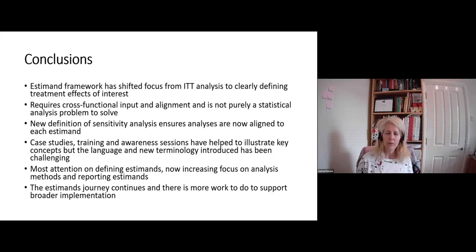So whatever tactics and strategies you can use to help educate is really what we need to do. Most attention to date has been on defining estimands. We now need to think more about the estimation and reporting. So I think there'll be a lot more published in that space going forward.